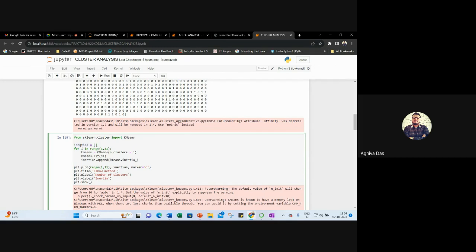So after I define this empty list, I simply get into a for loop, right? That is from 1 to 11. It will run from 1 to 10 actually, and from 1 to 10 it will take values for KMeans, and this n_clusters means number of clusters. So every time the loop runs, it means that I will increase the number of clusters and then do k-means and see what the fit is. Okay, and then append it to inertias.